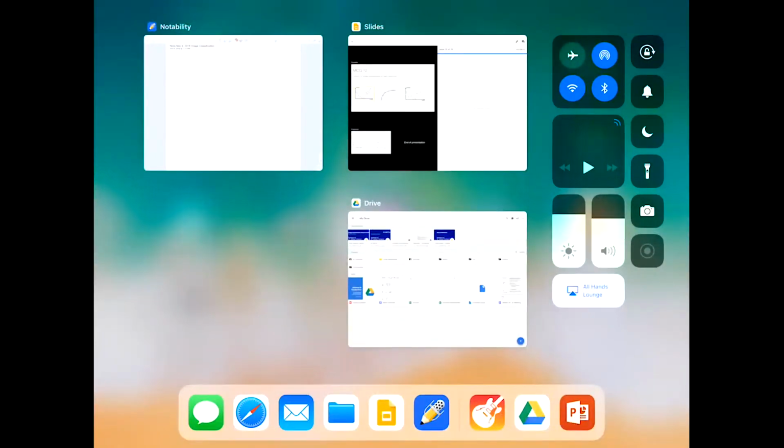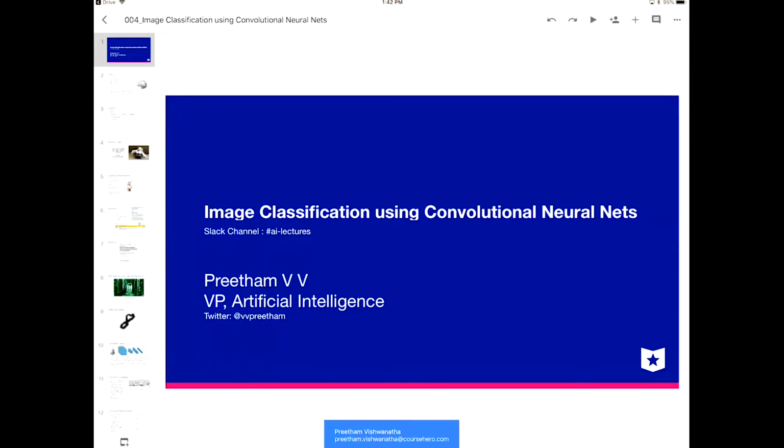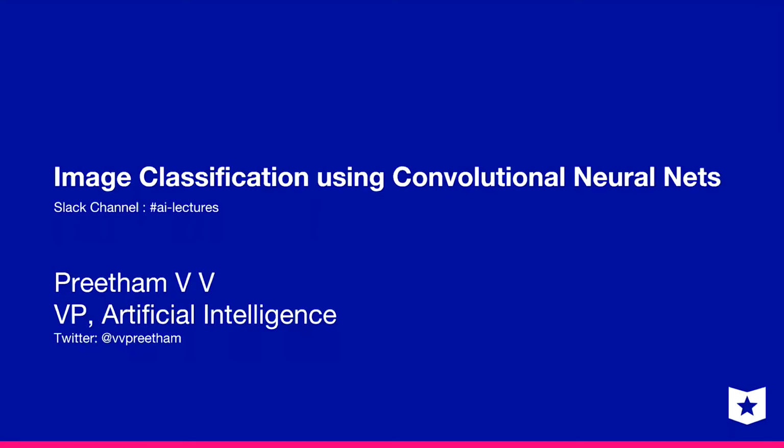session, which requires me to talk about some basic recap of what we did last time. In this series, I'm going to cover the classification of grid-like structures. It doesn't necessarily have to be images.